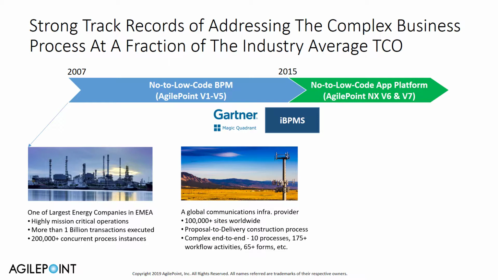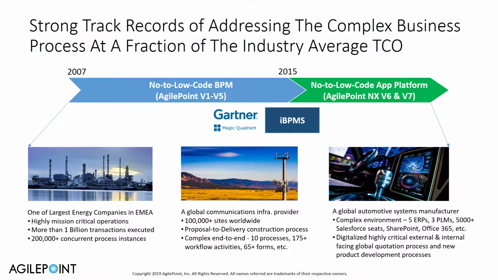Now, the next example that I have here for you is a communications infrastructure provider managing 100,000 sites across the world. They're using AgilePoint for mission-critical project management types of use cases, and as you can see from the screen here, have a very complex and involved application with more than 10 processes, 175 activities, and 65 user interface forms.